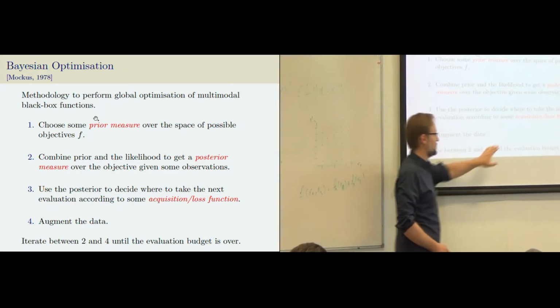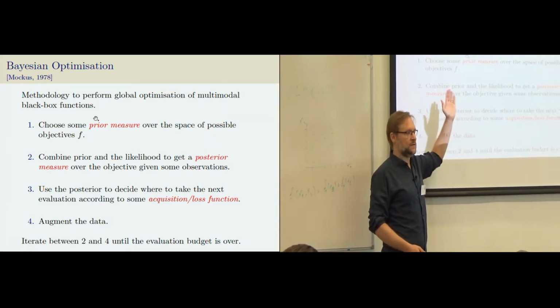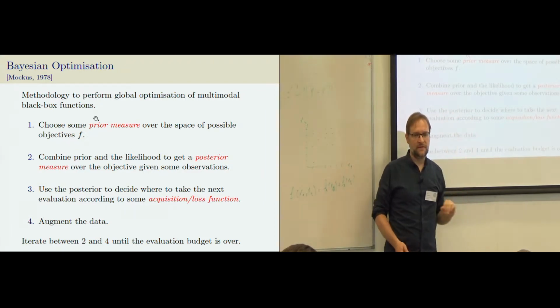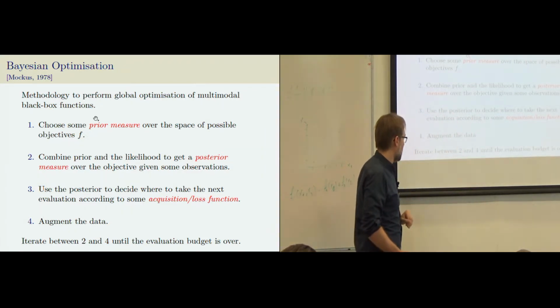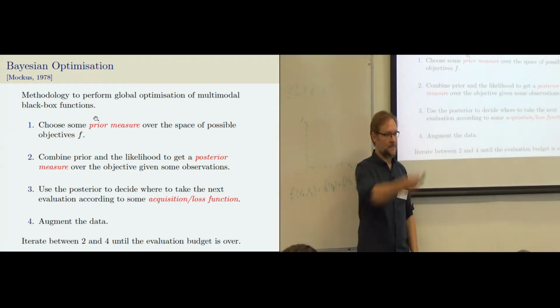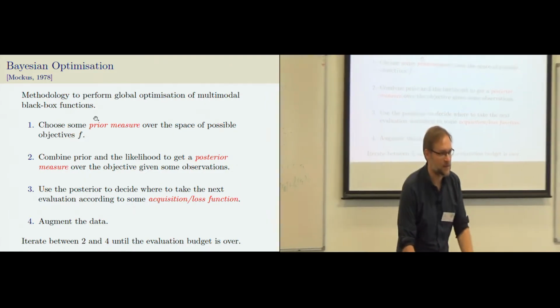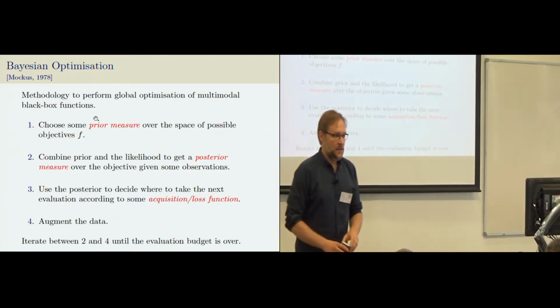Once we have used this acquisition to collect more data, you augment the data, and you repeat the process over and over unless you don't have any more budget, right? And that's it. This is what Bayesian optimization does. So, how are we in practice supposed to choose this prior measure?